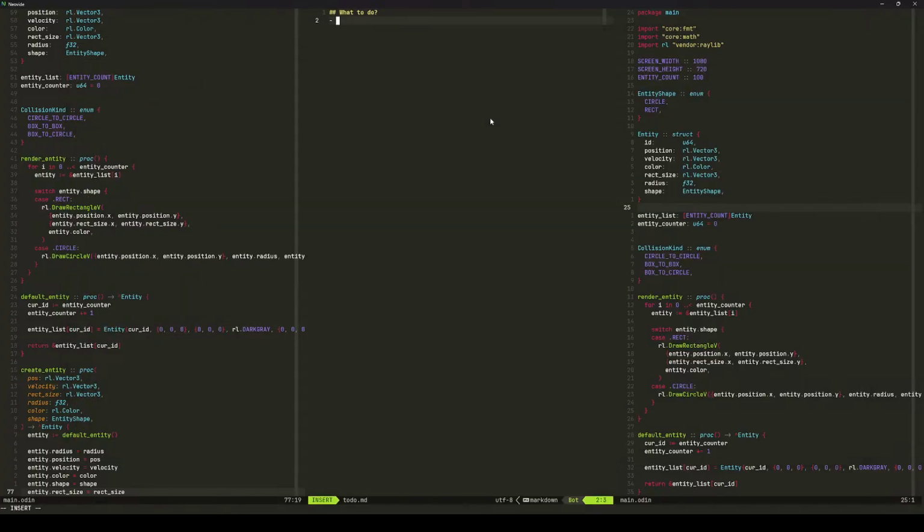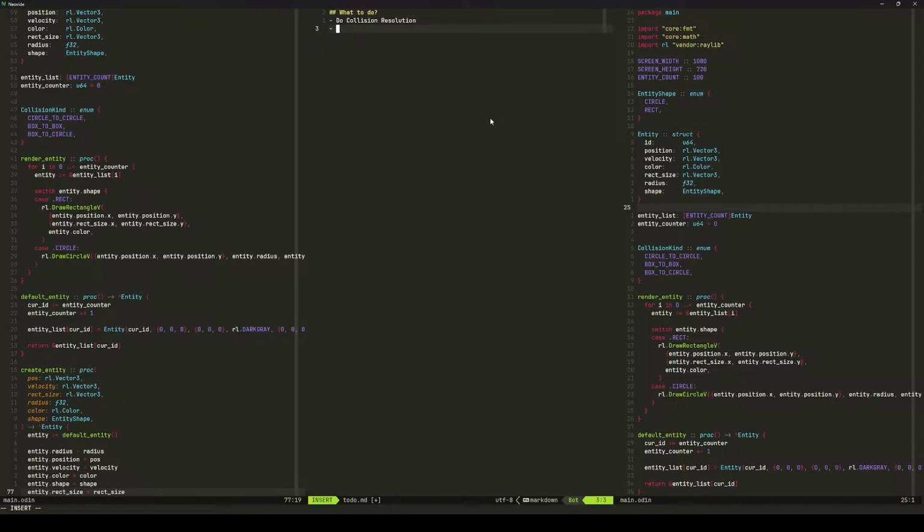I just need to do collision resolution and its various things, right?